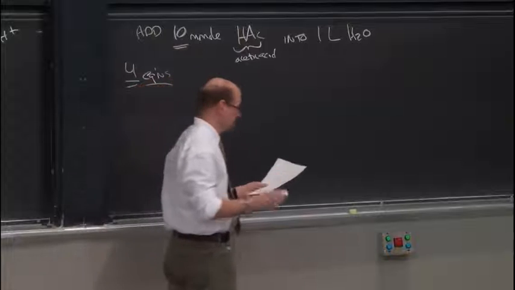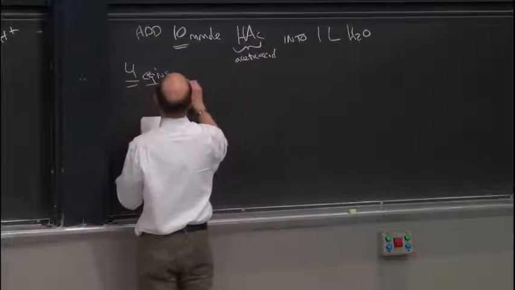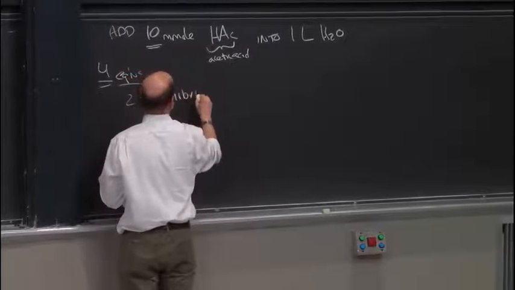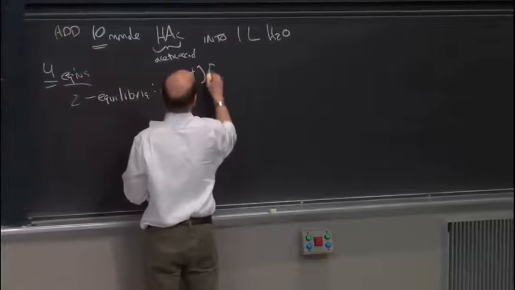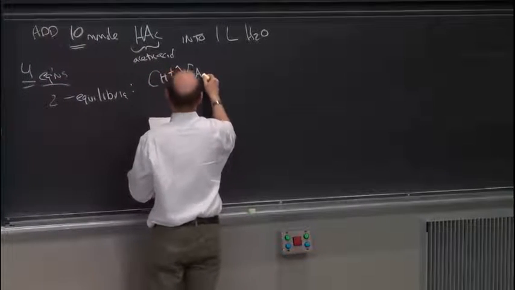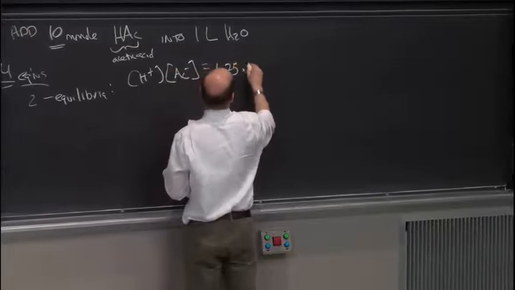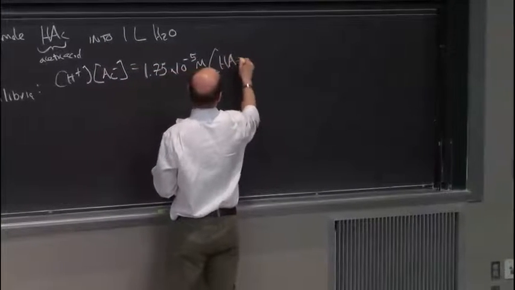Okay? So 2 of the equations are determined by equilibria. So 2 correspond to equilibria. And those equations are that the concentration of protons times the concentration of acetate anion is simply equal to 1.75 times 10 to the minus 5 molar times the concentration of acetic acid.